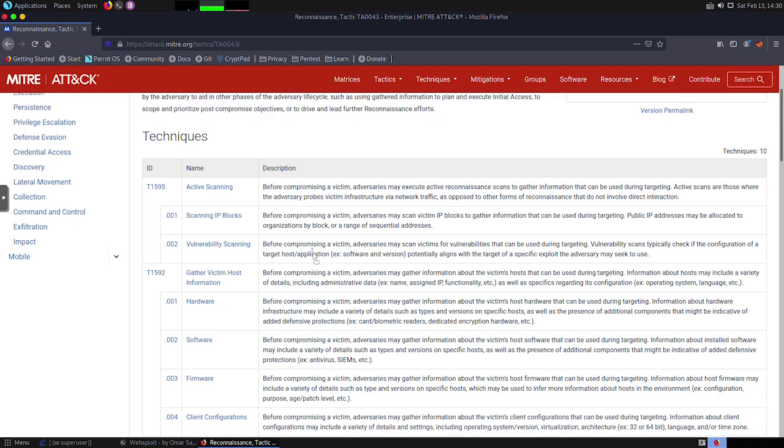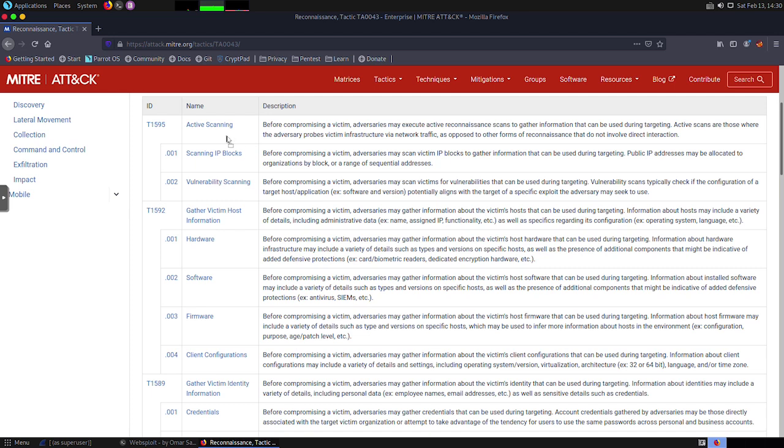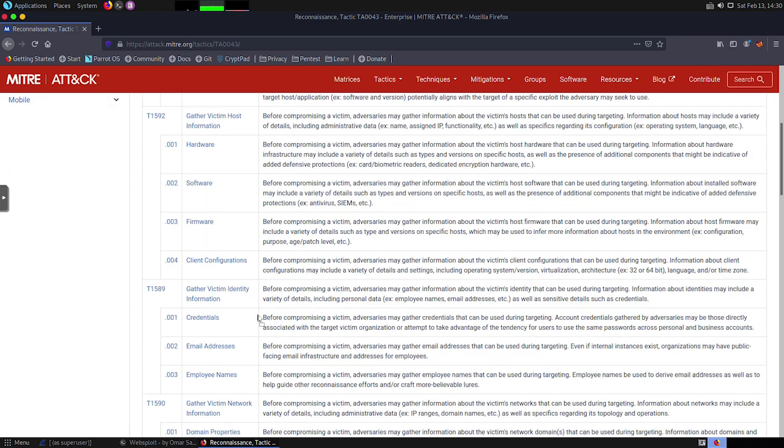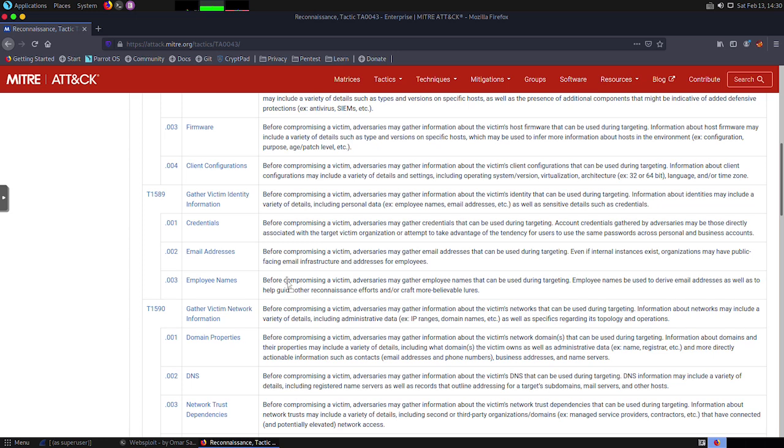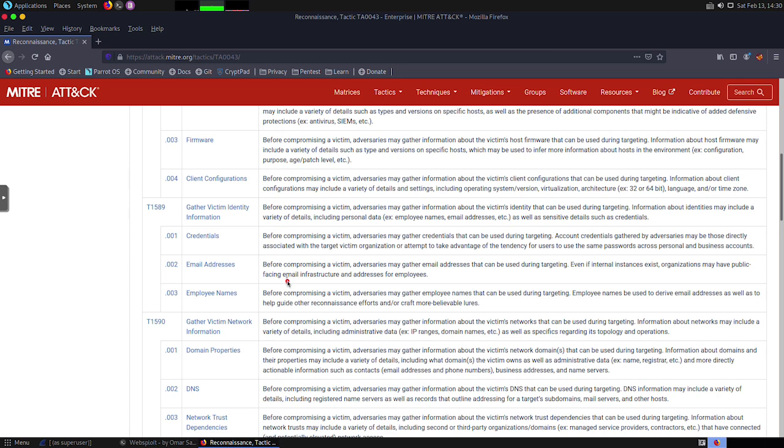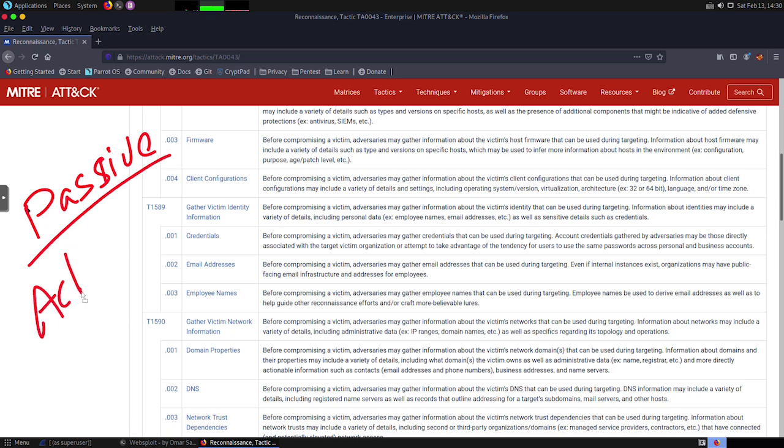Now, in the case of reconnaissance, as you see here, things like active scanning, which by the way we will cover in detail later in the presentation, or gathering information about a victim, including emails, credentials, employee names, and many other things. Remember, this is gathering information both passively, so passive reconnaissance, or active reconnaissance.